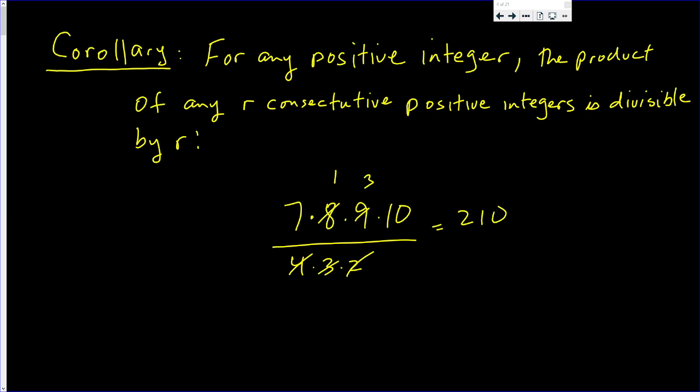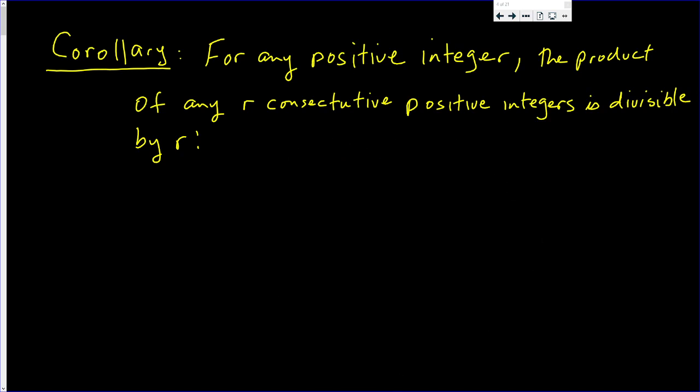Looks like 210. 7 times 3 is 21. Times 1 is still 21. Times 10. That is, 4 factorial did divide the product of these 4 consecutive numbers. So that's the idea of the corollary.